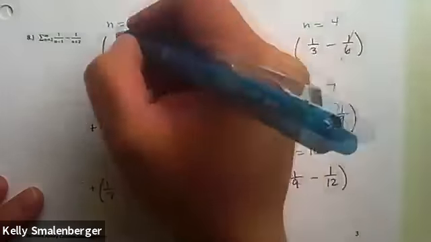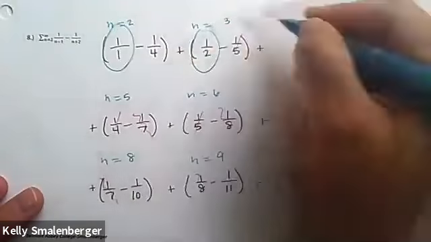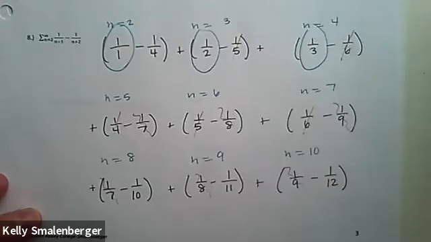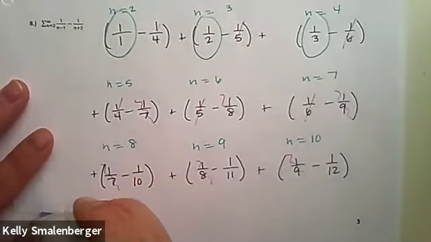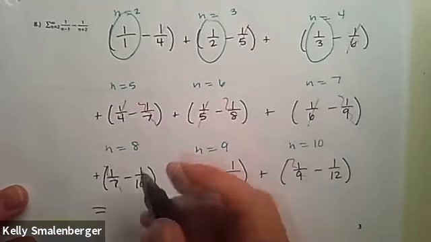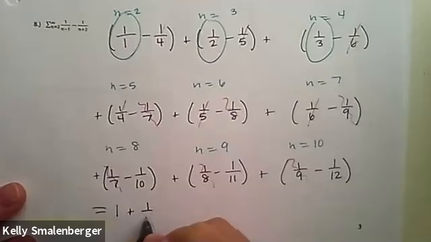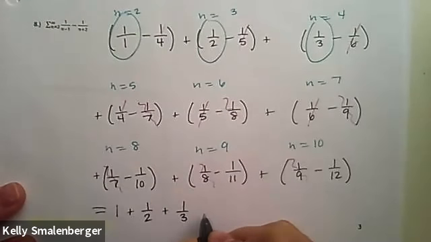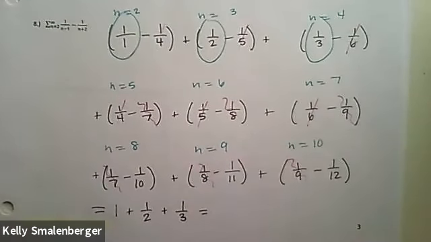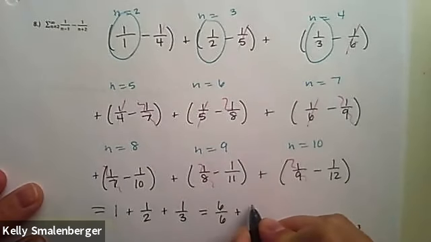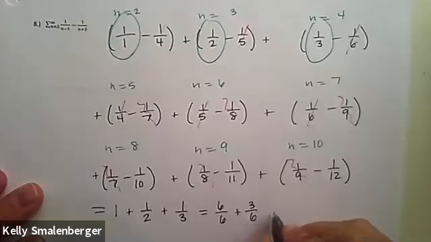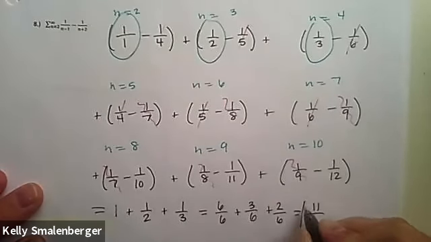which means I'm left with this. So this equals 1 plus 1/2 plus 1/3, which equals 6 over 6 plus 3 over 6 plus 2 over 6, which equals 11 over 6.